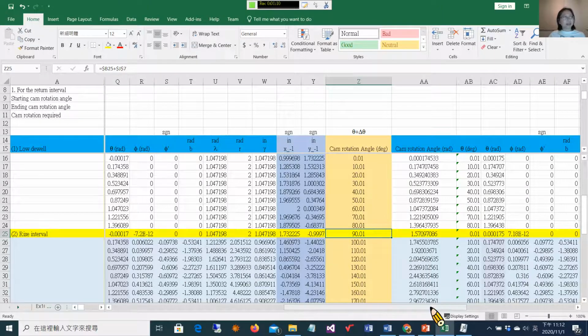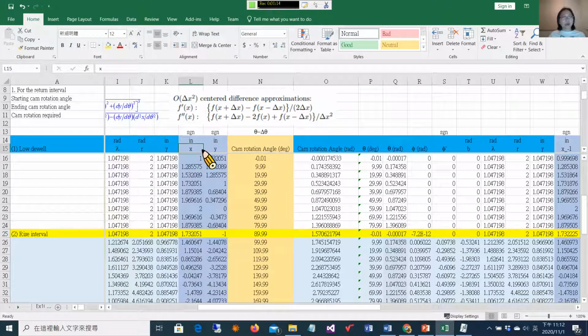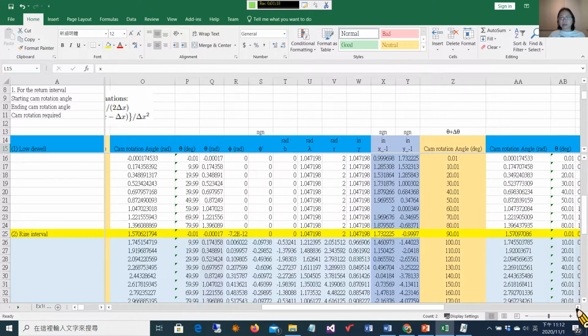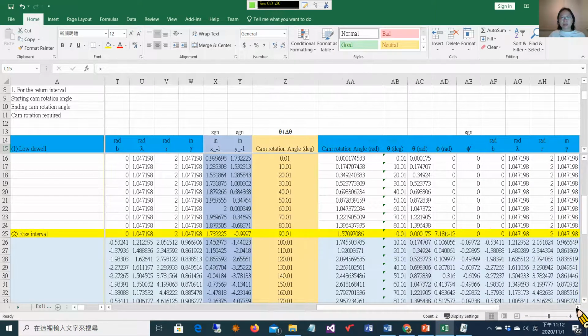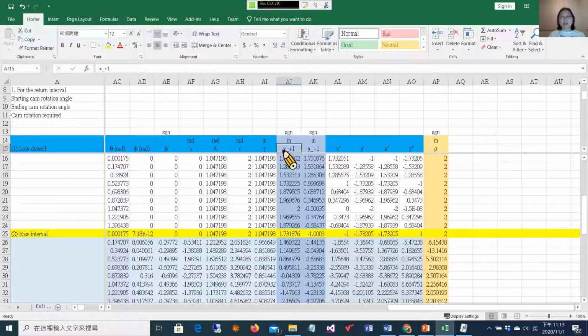We can get x minus 1, y minus 1, x, y, and x plus 1, y plus 1.